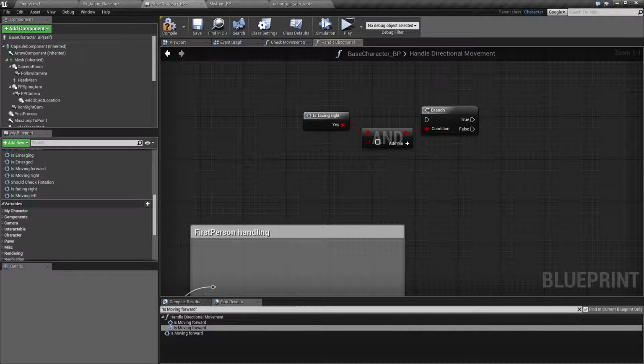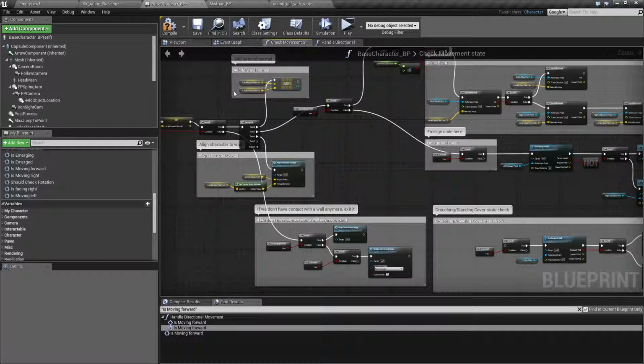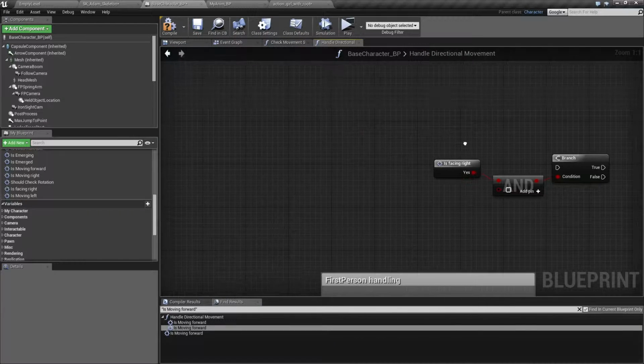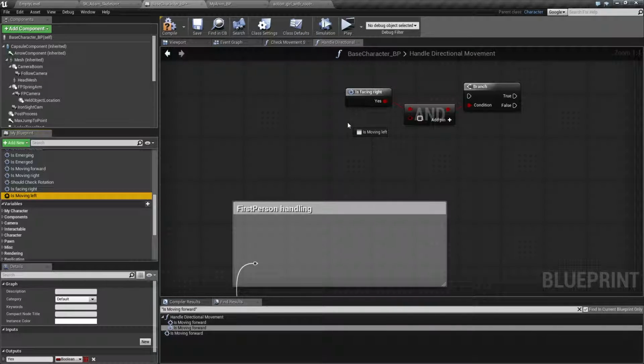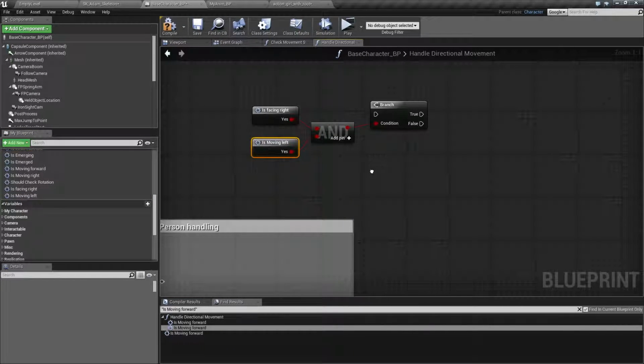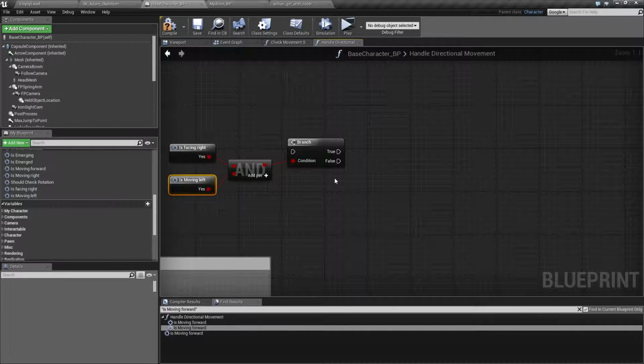So the idea is that we're going to say, if you're facing right but moving left, then we will get the right movement part.